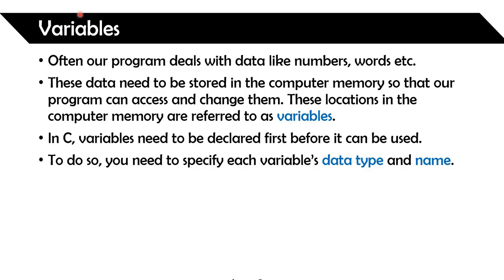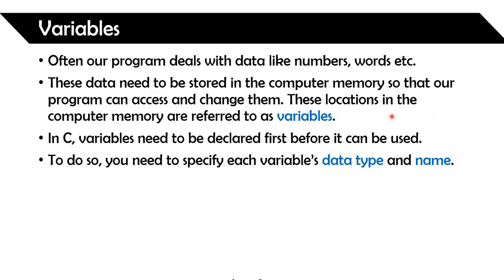Shall we move on? So now we're going to look at variables. What are these variables? Oftentimes whenever we do programming, our data will be words and also numbers. These data have to be stored in the computer memory so that the program can access and change them.